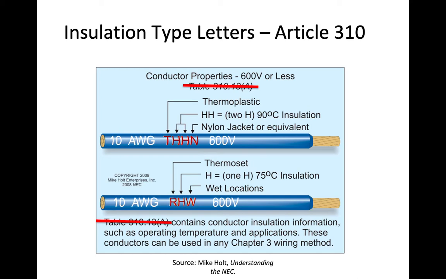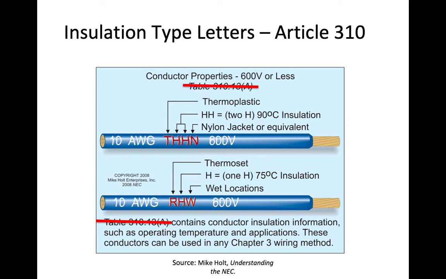In Article 310 of the code book, it lays out the identification and marking of conductors. So every 24 inches, I have to see stamped on the insulation jacket of the conductor this basic information. In the illustration on the top, I have a conductor that's a 10 gauge wire, 10 AWG.